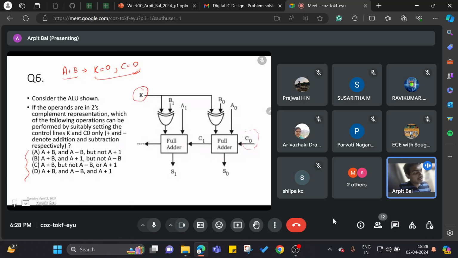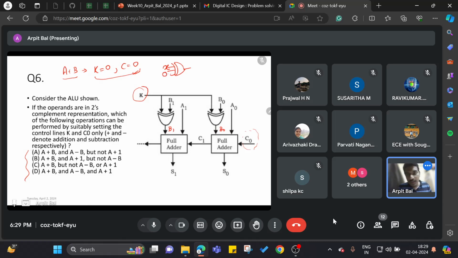So to get a plus b, it means my b1 should appear here and b0 should appear here. Whenever you are performing a XOR operation, what should be one of the operands such that the other operand is obtained as it is? 0. Correct. So whenever you have a XOR gate, if one input is x, then the other one should be 0.